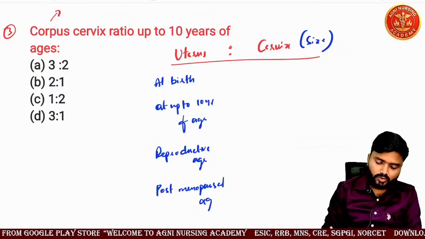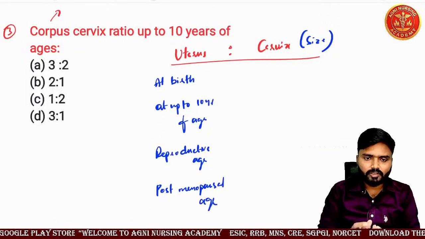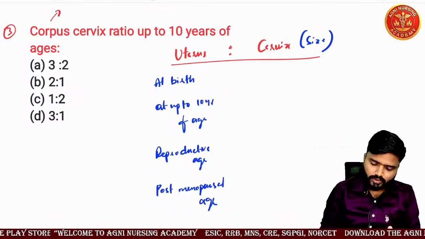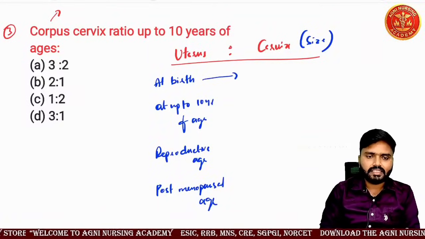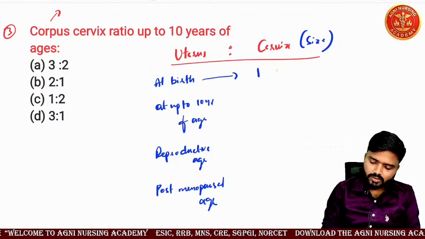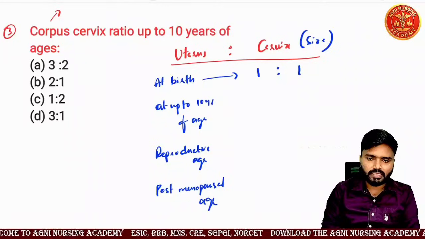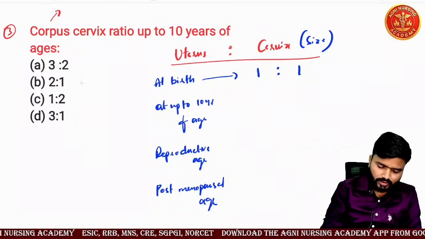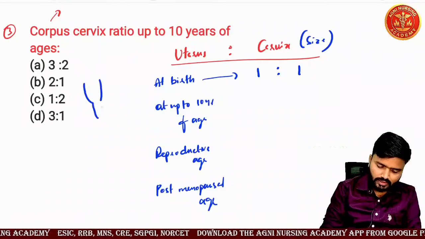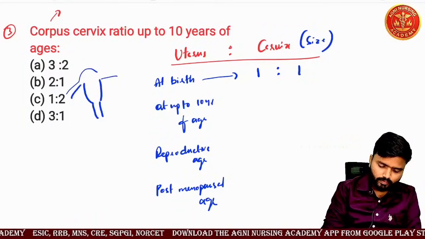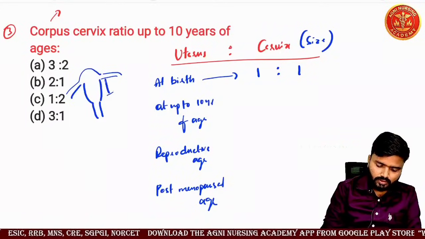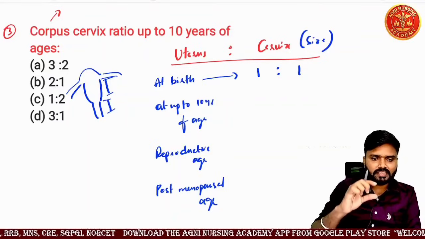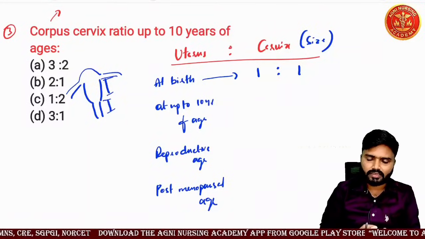So the uterus and cervix length will differ, understood? That we will discuss here. At birth, the uterus size and cervix size are the same, means 1 is to 1. You are seeing the image here, this is the uterus and this is the cervix, understood? The uterine body size and cervix size are almost similar at birth.